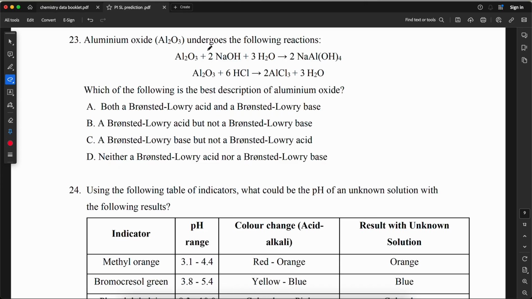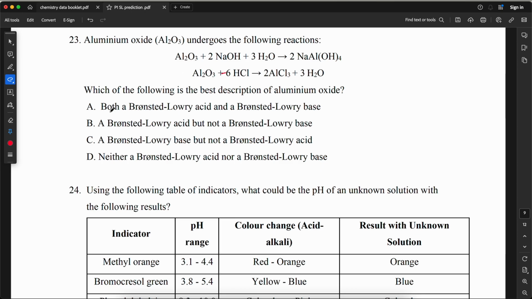So aluminum oxide is just considered an acid because it reacts with a strong base. But for this reaction, HCl as a strong acid donates its proton to Al2O3. Therefore, we can consider Al2O3 as a Bronsted-Lowry base because it accepts a proton.